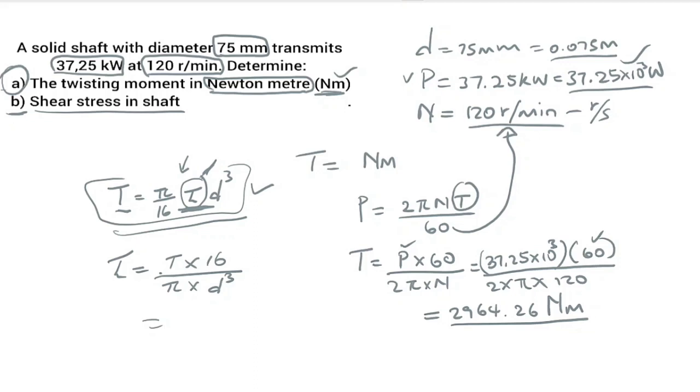Here the torque, we just found it now. It is 2964.26 times 16, all divided by pi times the diameter, which is 0.075 to the power 3.